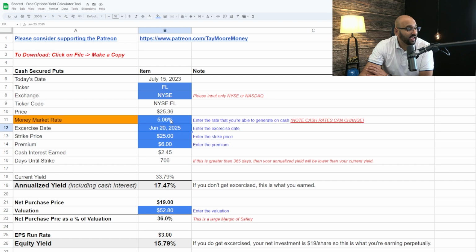What makes you think that the money market rate will be 5.06 throughout that whole time period? I don't think it is. These are short-term instruments, and they float with the interest rate. So yeah, they might raise rates, but they also might reduce rates if we enter into a tougher than expected recession. And so, the one thing that everyone should have learned over the last couple of years, or at least the last 3 years, is that nothing is predictable.